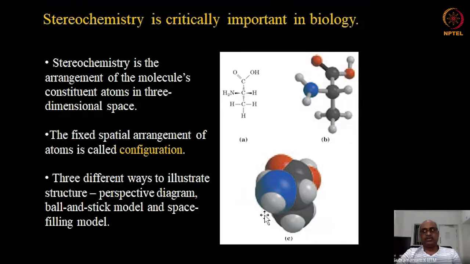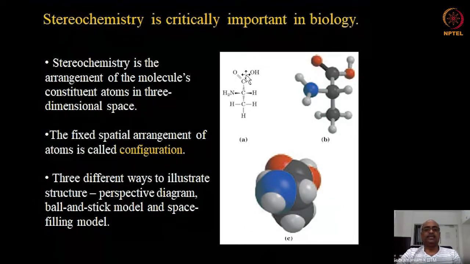The van der Waals radius of an atom is the space into which it will not allow any other matter to come in. That is the basis for the space filling model. So this is actually the closest representation of the actual molecule. These are the three ways in which we represent the configuration.